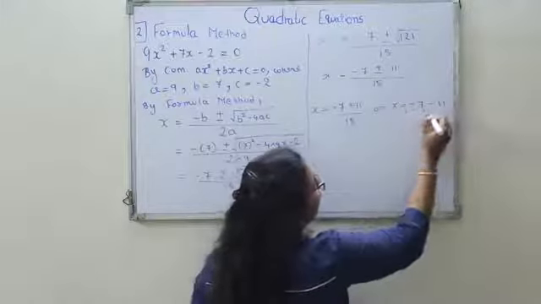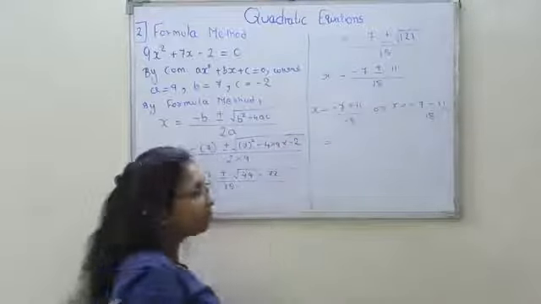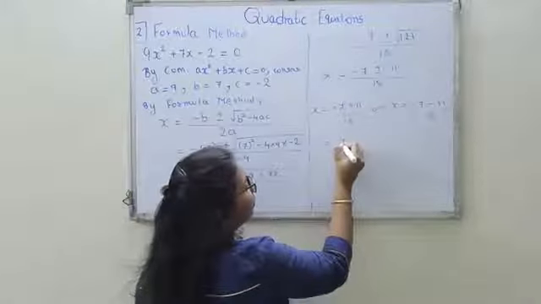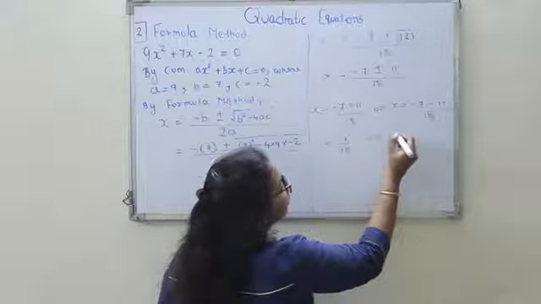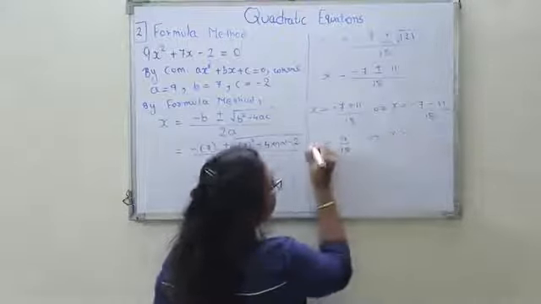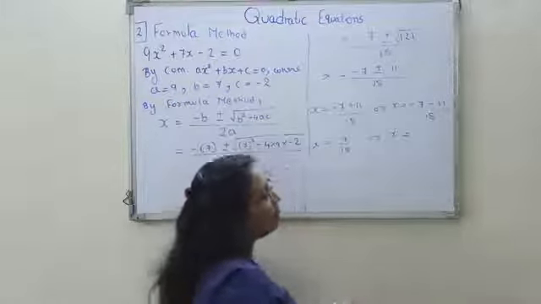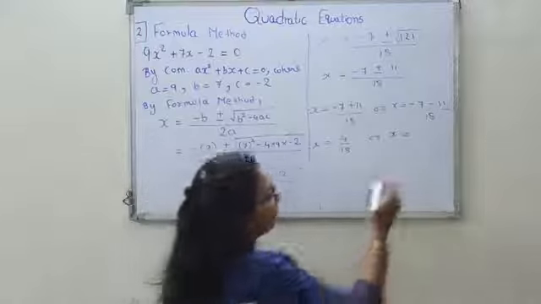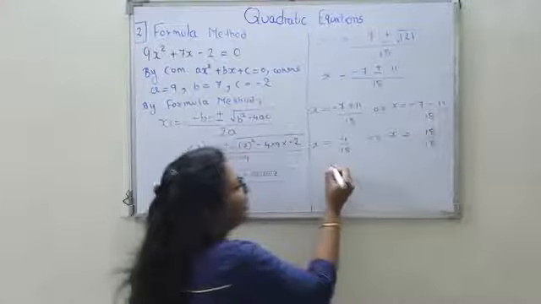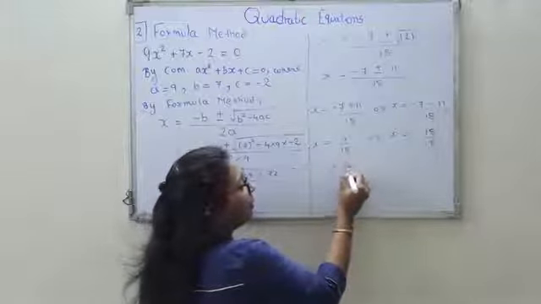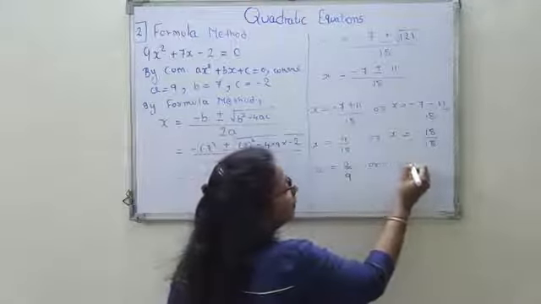Further, 11 minus 7 is 4 and the sign of the greater number, or minus 7 minus 11 is nothing but minus 18. Here you can simplify: 4 upon 18 is 2 by 9, or here it will be minus 1.